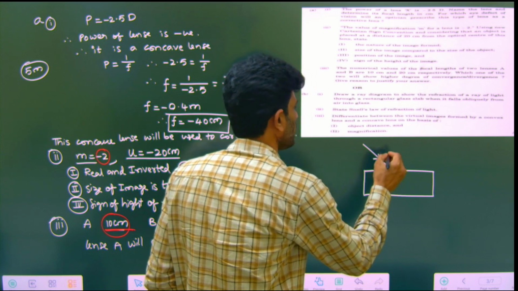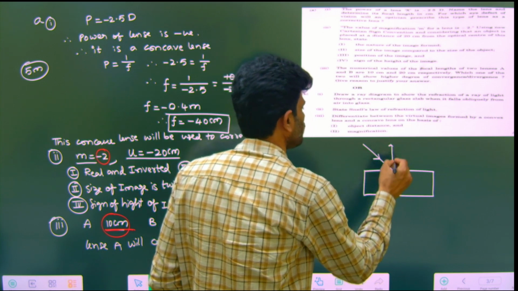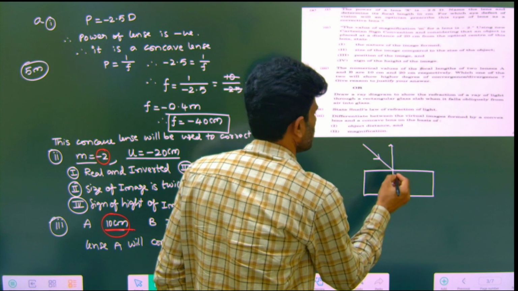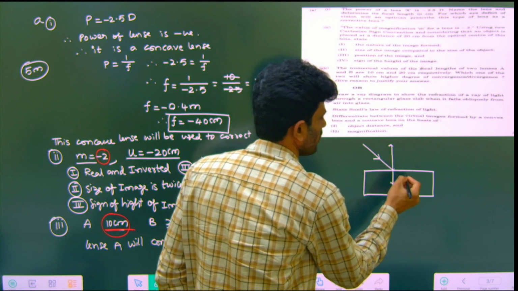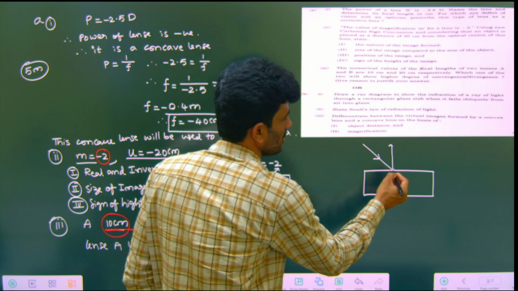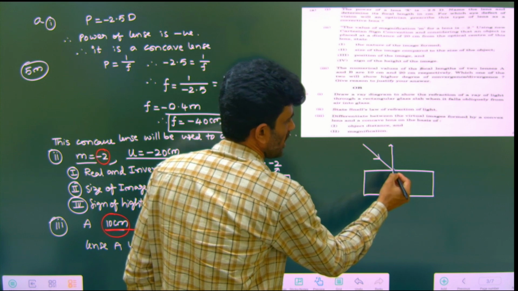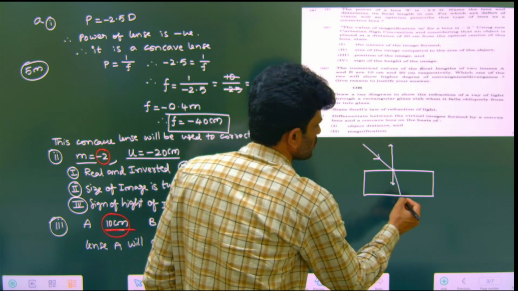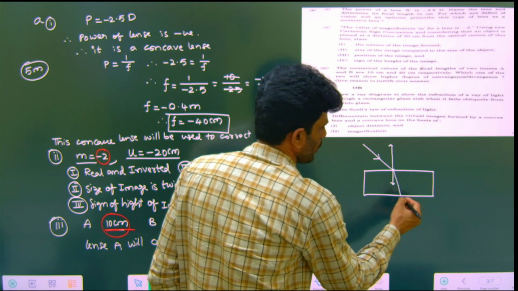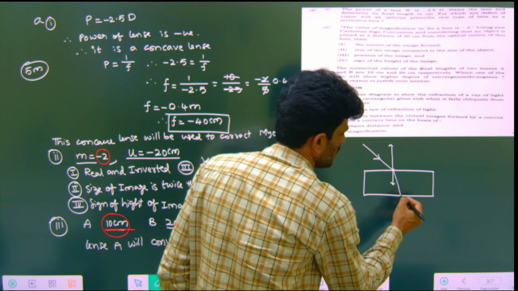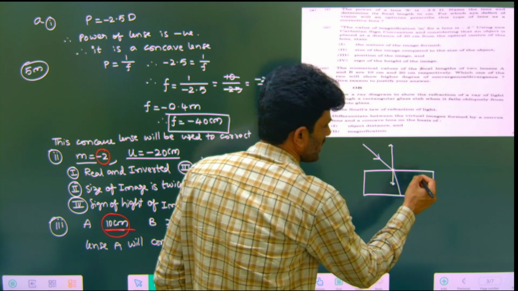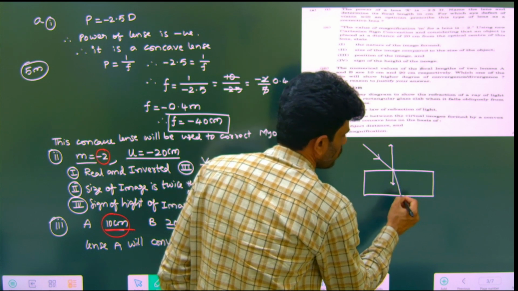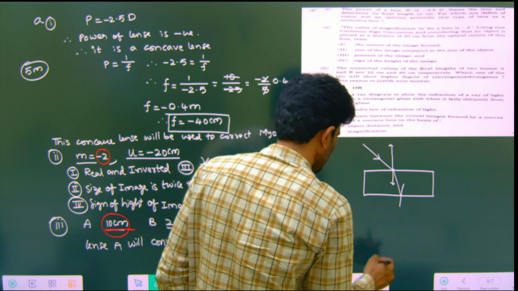This is the incident ray. Here we draw one normal. Because it is air and it is entering into the glass, it bends towards the normal like this. Again, when it is going out of the glass into air, because it is entering from denser to rarer, it moves away from the normal. Again, here we draw one normal.